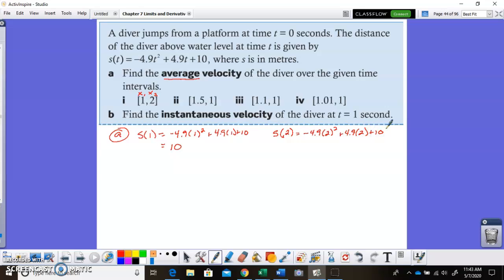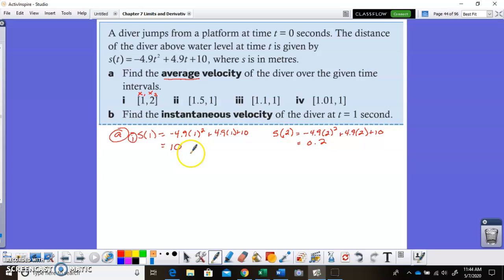So I'm going to grab my calculator real quick and do that calculation. So negative 4.9 times 2 squared plus 4.9 times 2 plus 10 is giving me 0.2. Okay, so this is letter I, by the way.